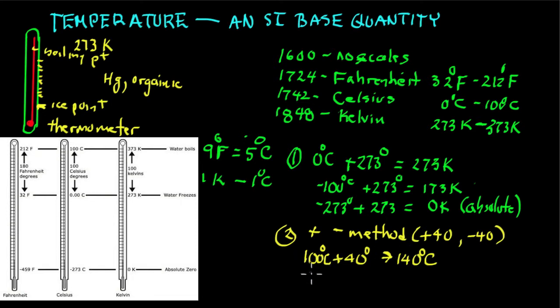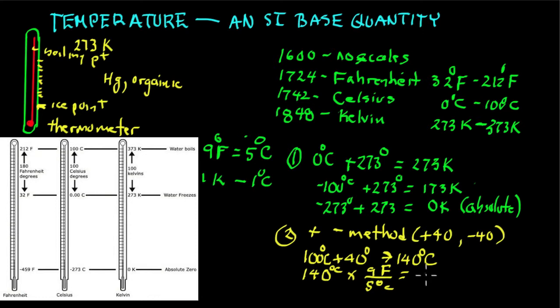Now the second thing you do is you convert it. You've zeroed out the conversions here. So 140 degrees Celsius, and you multiply it by the fact that 5 Celsius degrees is 9 Fahrenheit degrees.